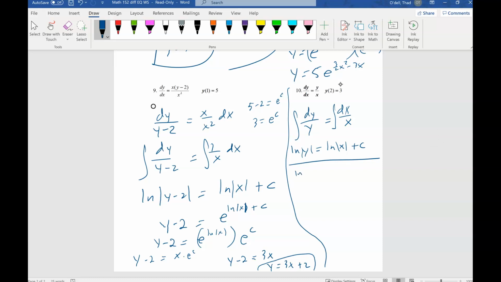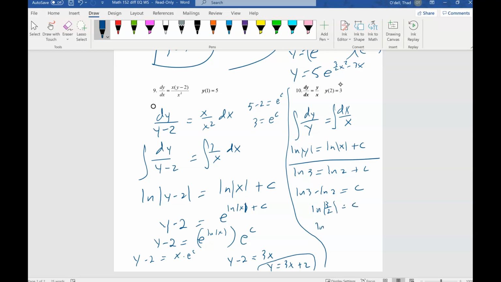That would be natural log of 3 is equal to natural log of 2 plus c. So that means that natural log of 3 minus natural log of 2 is equal to c. Of course, we can rewrite that as natural log of 3 over 2, can't we, if we remember our log rules.